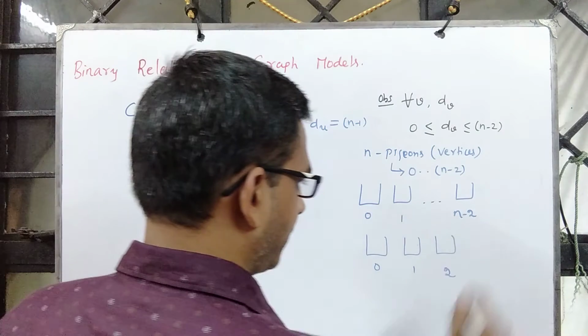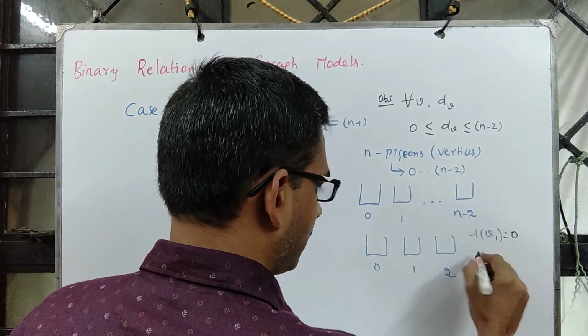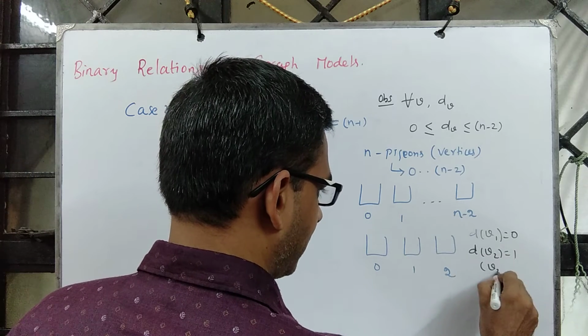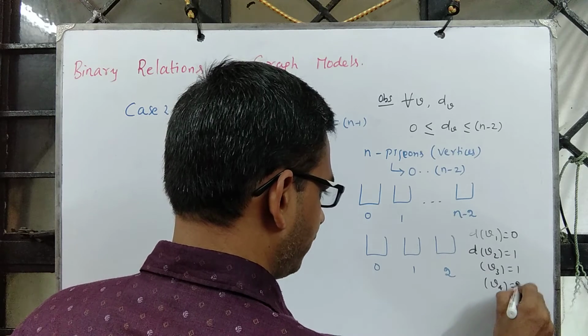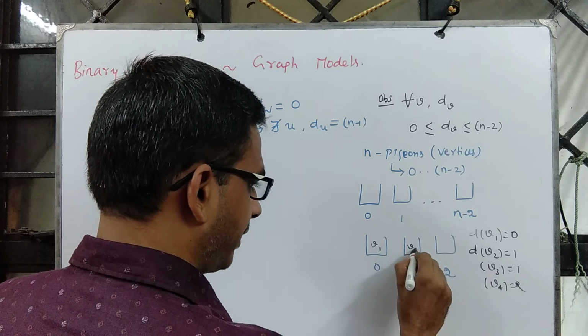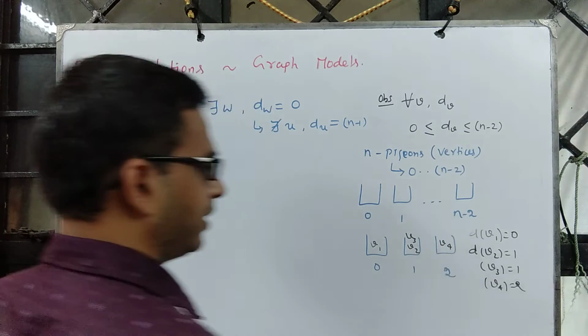Suppose degree of V1 is say 0, degree of V2 is 1, V3 is 1 and V4 is 2. Then you place V1 over here, you place V2 and V3 over here, and V4 over here.